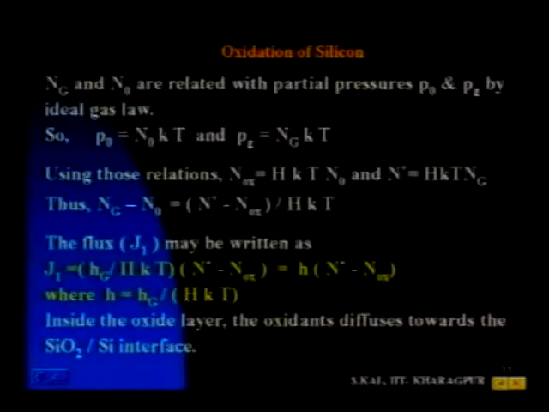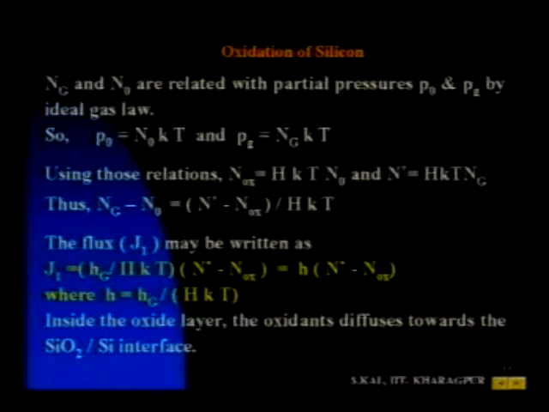Now Ng and N naught are related with partial pressures Pg and P naught by the ideal gas law. In the ideal gas law, P equals N kT per unit volume, because we always assume unit volume, here per cubic centimeter. So P naught is equal to N naught kT, and similarly Pg is equal to Ng kT.